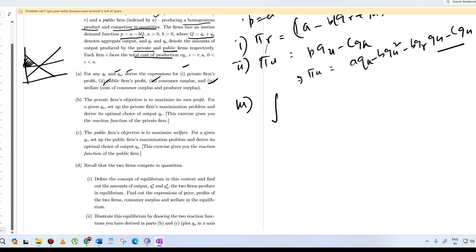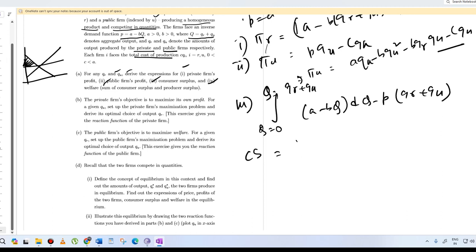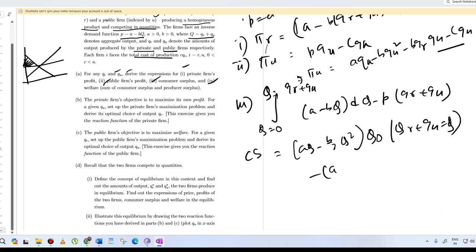So CS equals the integration from Q equal to 0 to QR plus QU of the function A minus BQ dQ, minus P times Q. Substituting this P and A minus BQ, CS is AQ minus B by 2 Q square, from 0 to QR plus QU, minus (A minus B(QR plus QU)) into (QR plus QU).